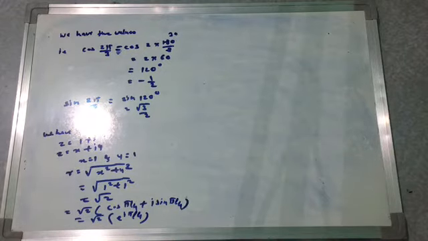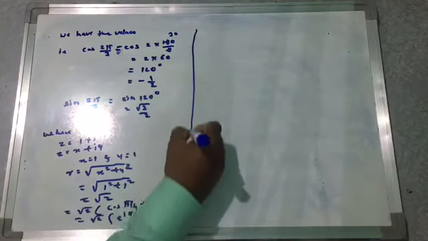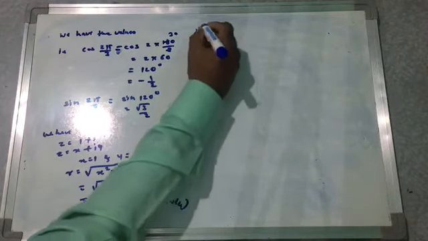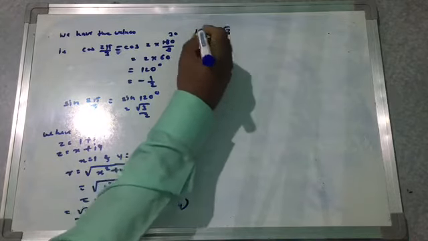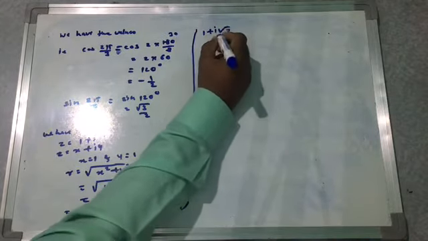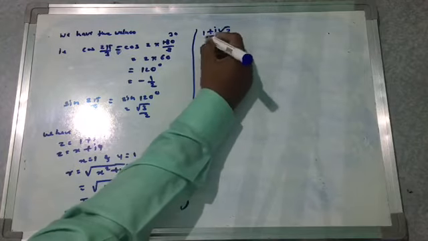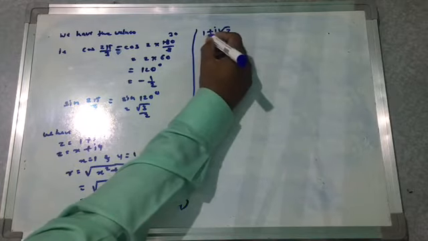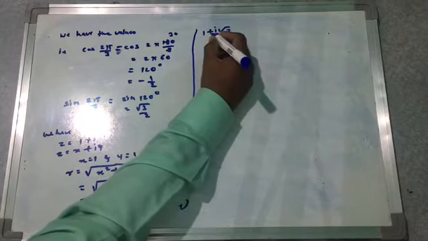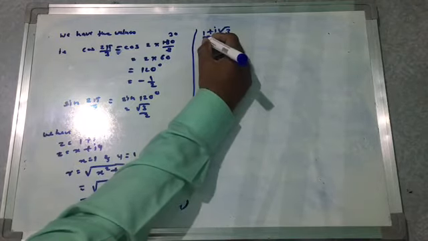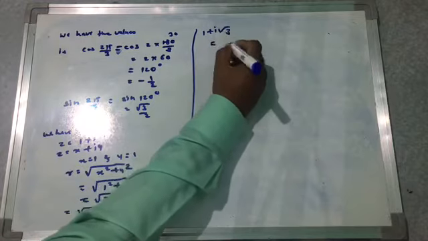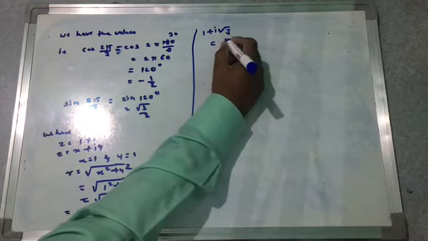So in this manner we can calculate again 1 plus i root 3. We can calculate r. How is it? r is equal to root of x square plus y square, x is 1, y is root 3.